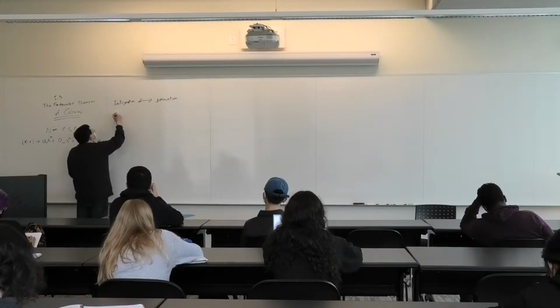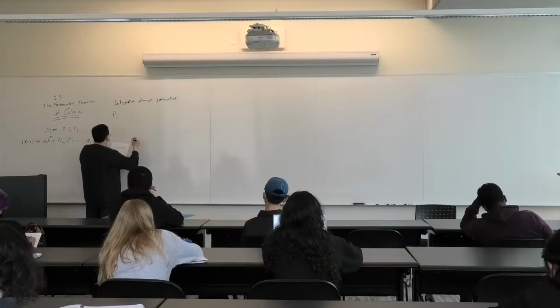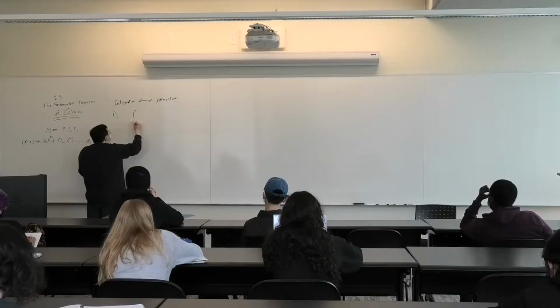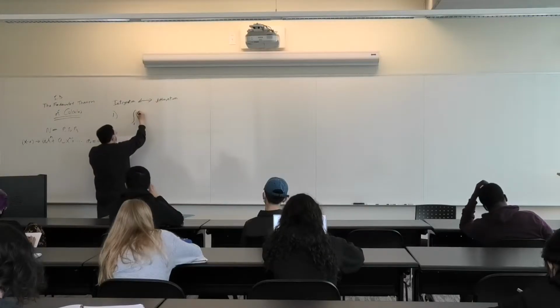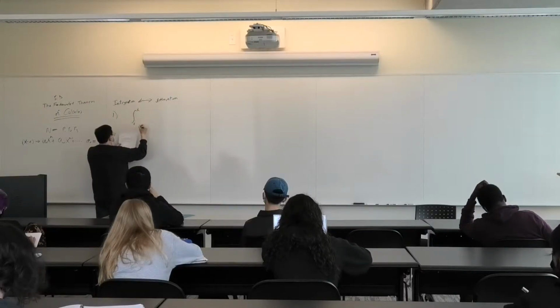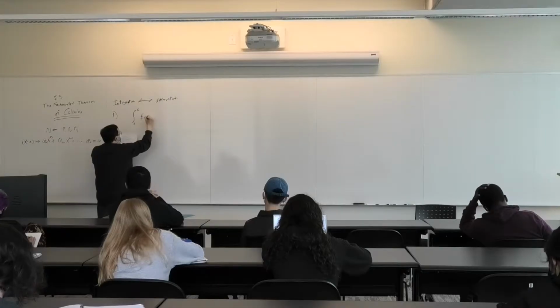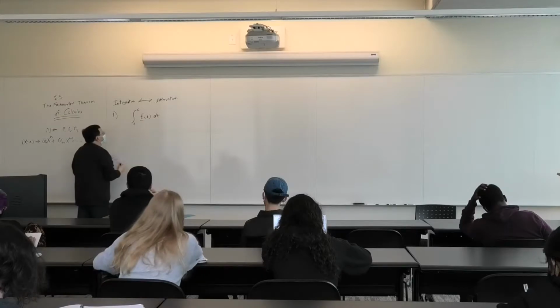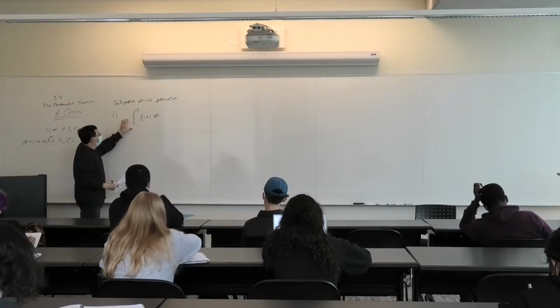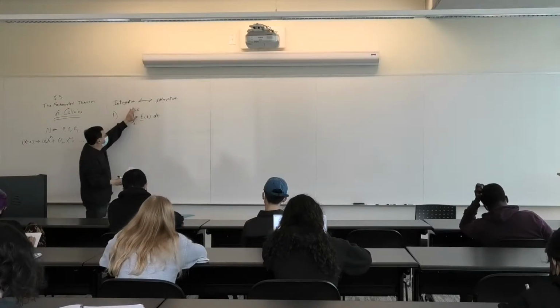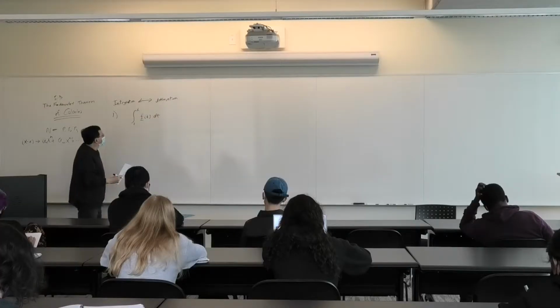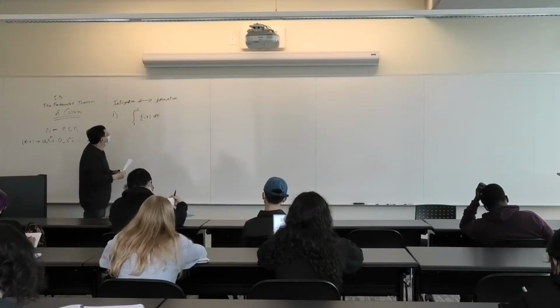First part, it looks like this. We create a function using an integral. Well, we start with some function f, and we create a new function by integrating from some constant to x for this integral.